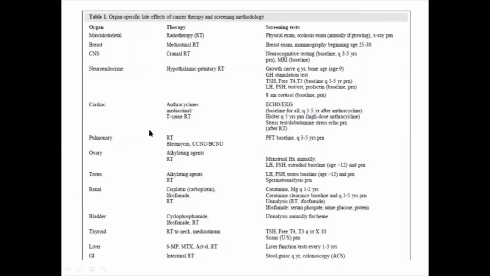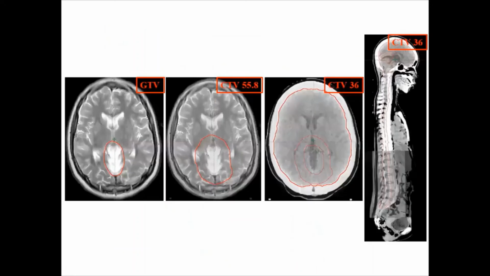Likewise, if a patient has received radiation or bleomycin, with pulmonary toxicity, a baseline PFT should be done. So likewise with the particular treatment that the patient has received, these are the certain screening tests that should be done, and that will obviously help in delaying the toxicities.